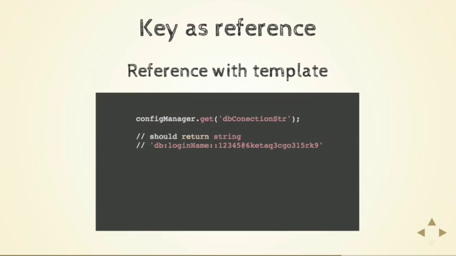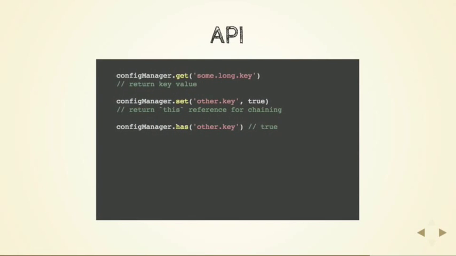But if we ask for the DB connection string, we already have all these templates parsed and all values applied to the templates, and the resulting string. So the API is very simple. It just has get, set, and has.